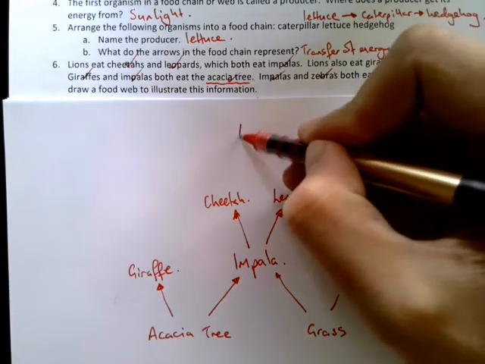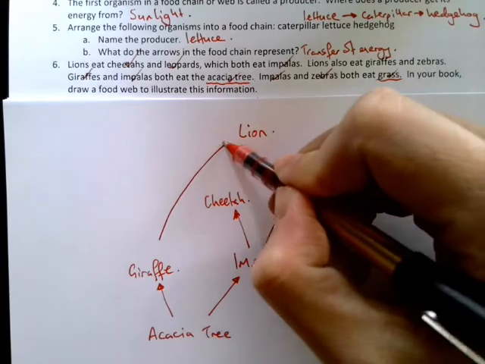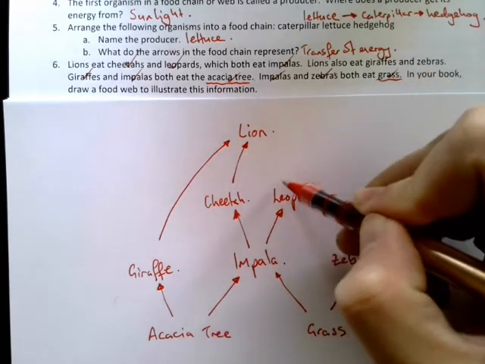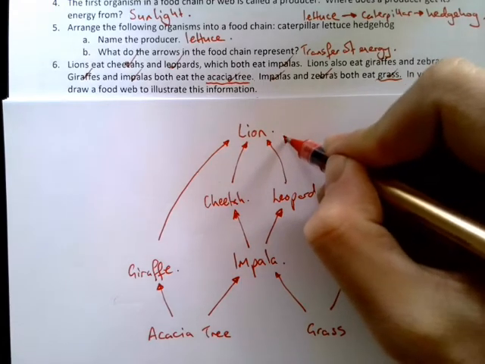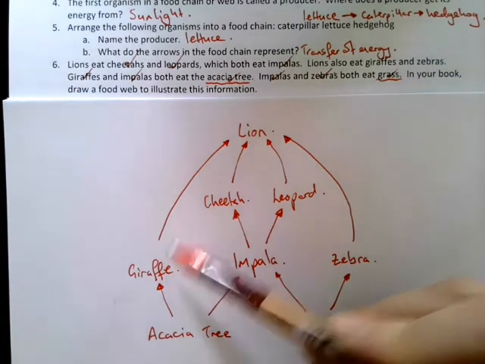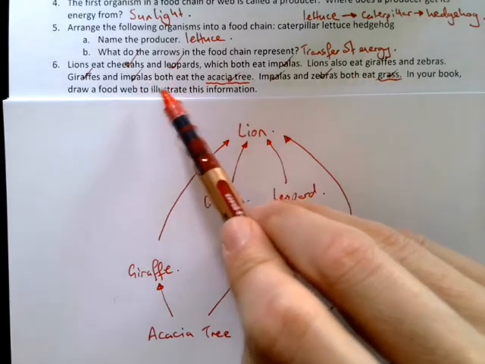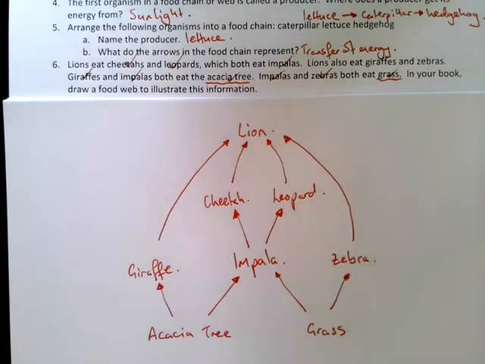So my lion's going to go right up here at the top, and that's going to eat all of these. So it's going to look like this. Okay, so I can have a look. Does anything else eat a giraffe? No. Does anything else eat a zebra? No, doesn't look like it. Okay, so it should look like this.